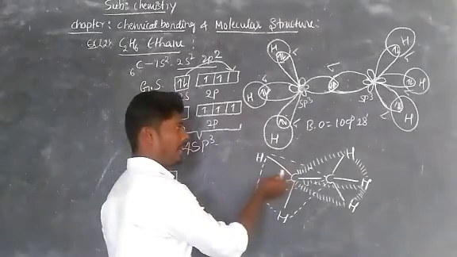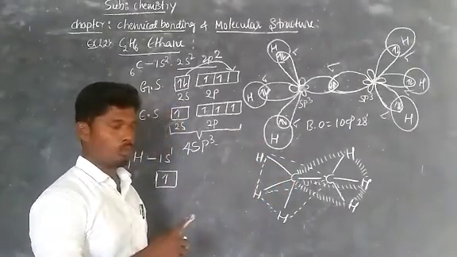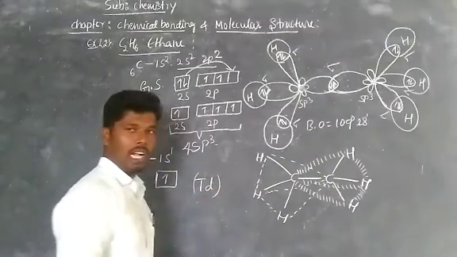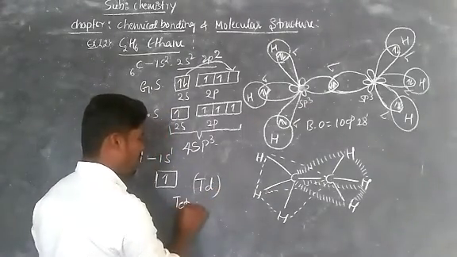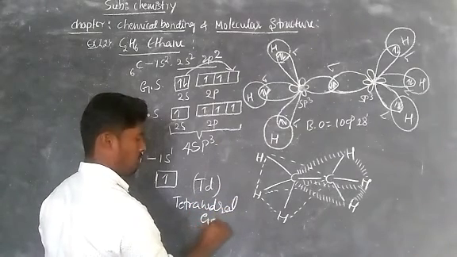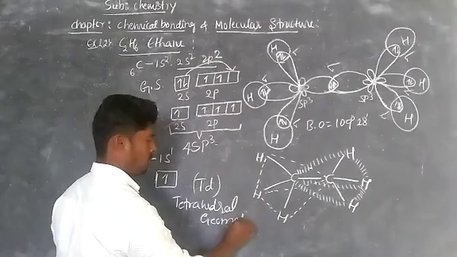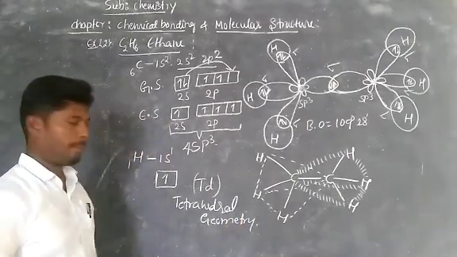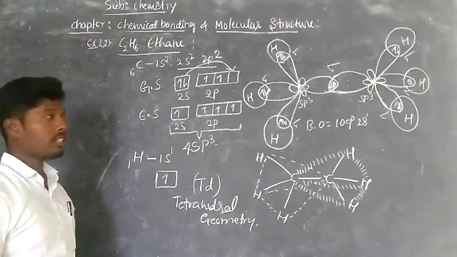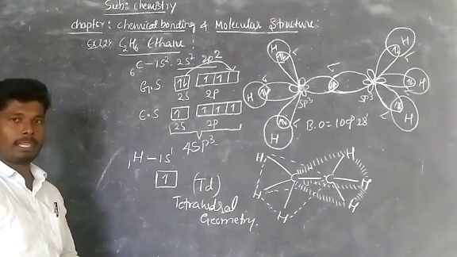Hence the geometry is tetrahedral for each carbon. What is the geometry? Tetrahedral, that is TD. We call it tetrahedral geometry, simply represented as TD. Okay, so this is the data about sp3 hybridization.